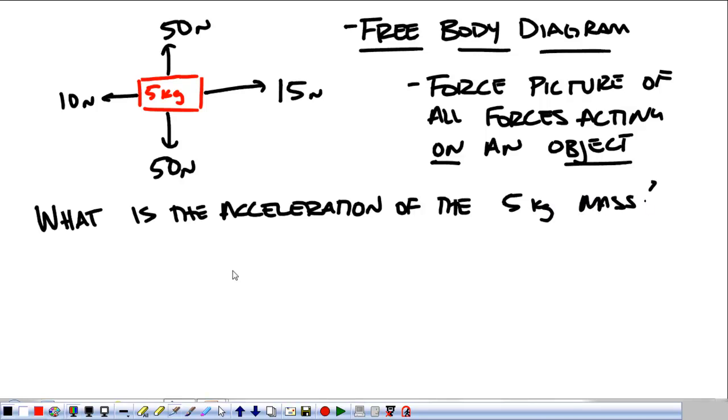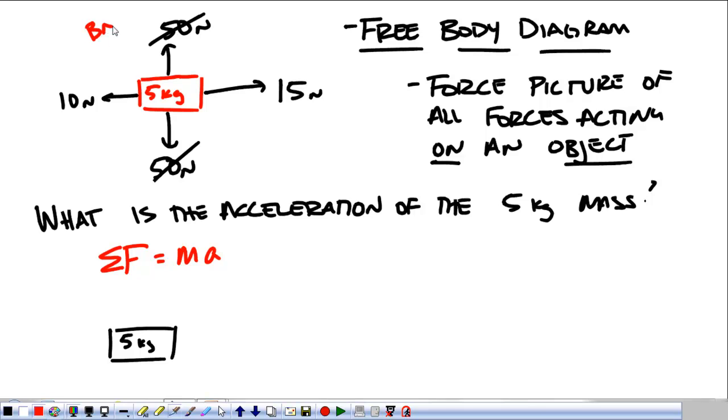So what we have to do is look at our formula that talks about acceleration. The net force is equal to the mass times the acceleration. So we're going to take our picture of our 5 kilogram object, and we're going to look at the forces. If I have 50 up and 50 down, they balance each other out. These are balanced forces.